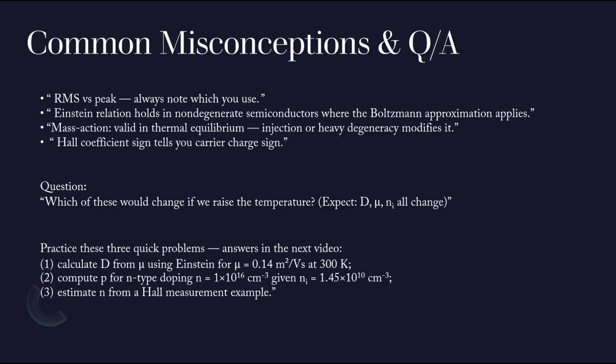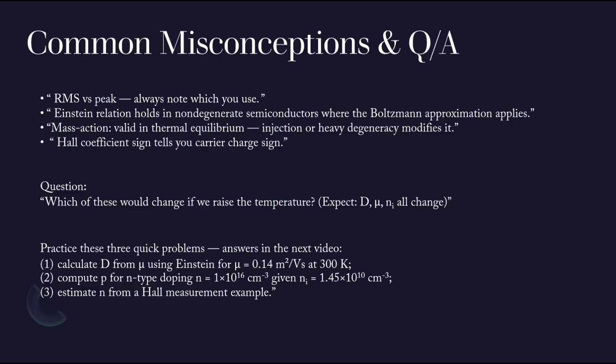One question could be, you can try to find out the answer and write it in the comments: which of these would change if we raise the temperature? That is D, mu, or ni, or does everything change?